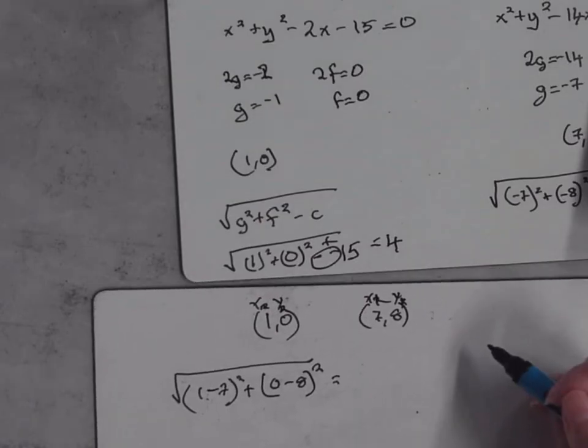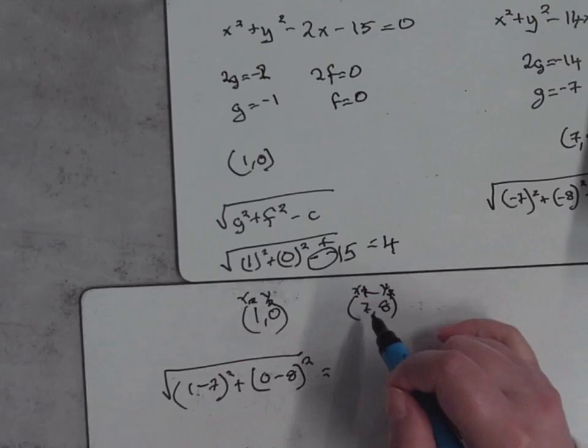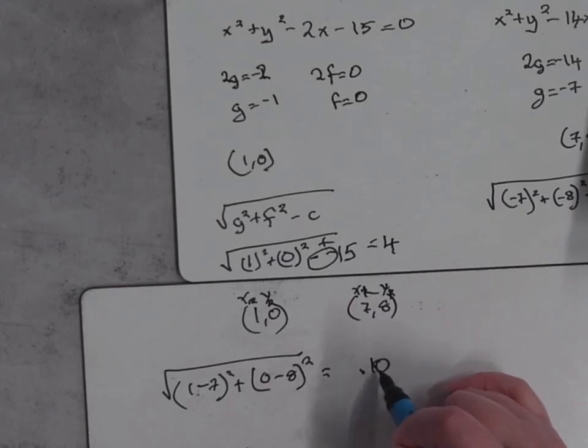Is that alright? So I just changed this one to x2, y2, and this one to x1, y1, and I'm right. Okay, so then into the calculator that's 36 plus 64, which is 100, square root of 100, which is 10. Okay, is that alright?